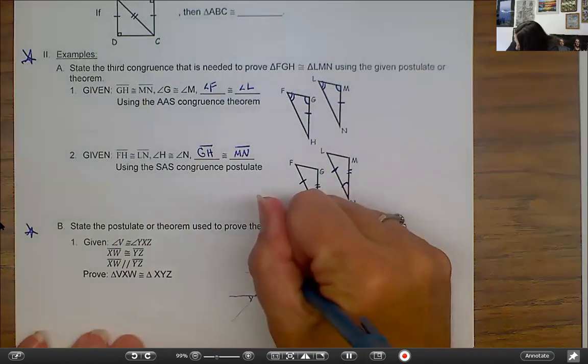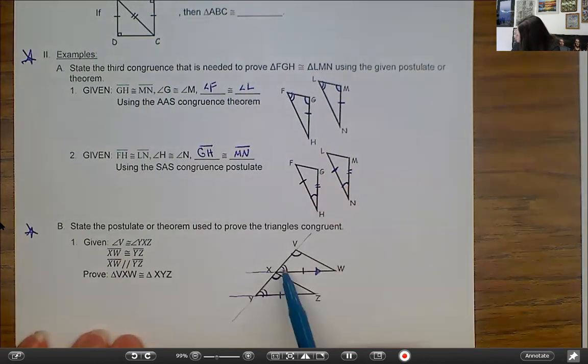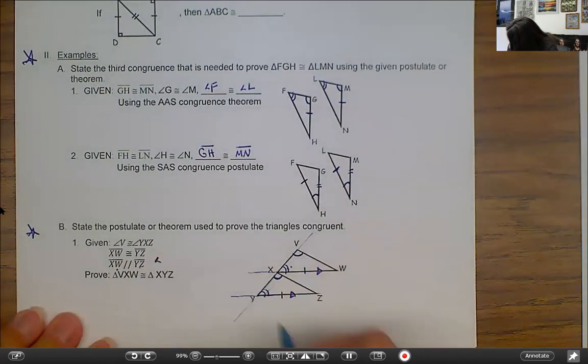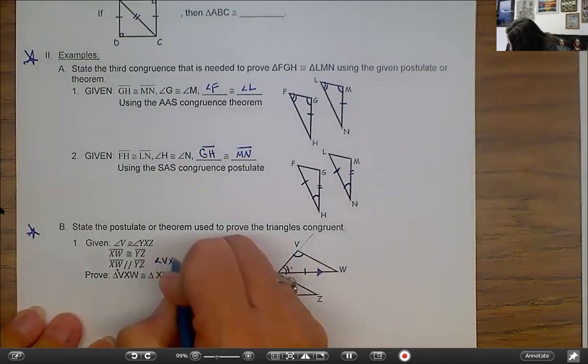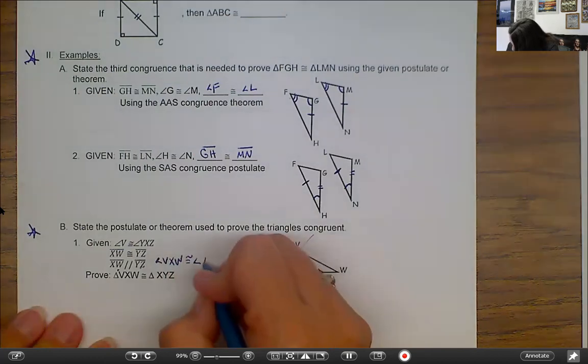And I notice that I've got corresponding angles in these 2 locations. Upper right-hand corner, upper right-hand corner. So I've got corresponding angles that are congruent because of my parallel lines. So then I've got angle, let's see, VXW, which was congruent to angle XYZ.